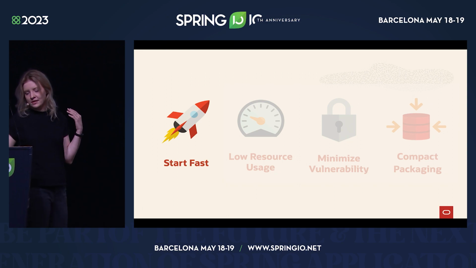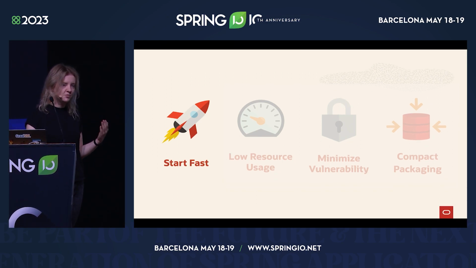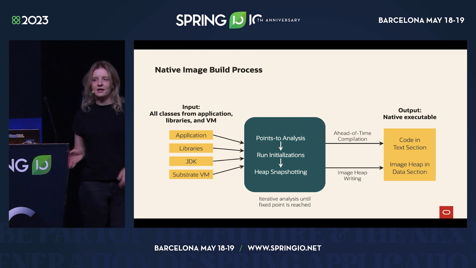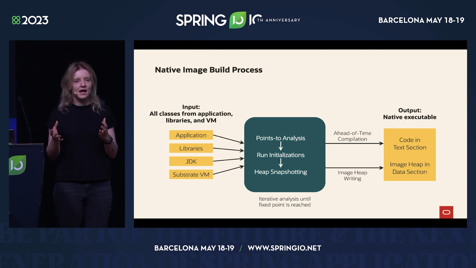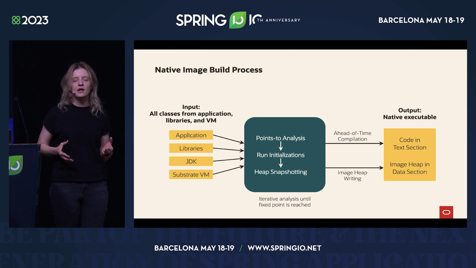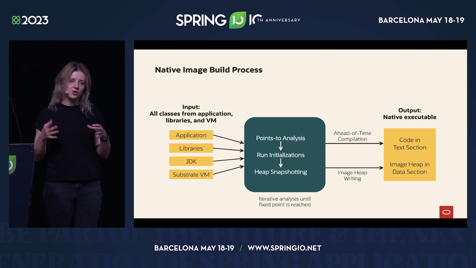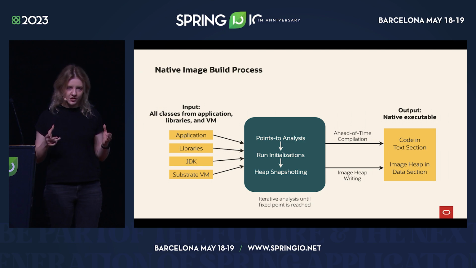Let's talk about each of those things in a bit more detail to understand how they are happening and what you need to know about the native image build process to make it work for your application. So the way native image compiles your application, and I think it's quite fascinating and nontrivial, taking something so dynamic and sophisticated as a Java app and compiling it into native, is the following. When you run the native image command, and as an input it takes your application in bytecode form, it will look at your application starting from its main entry point, and it will try to find all the reachable code.